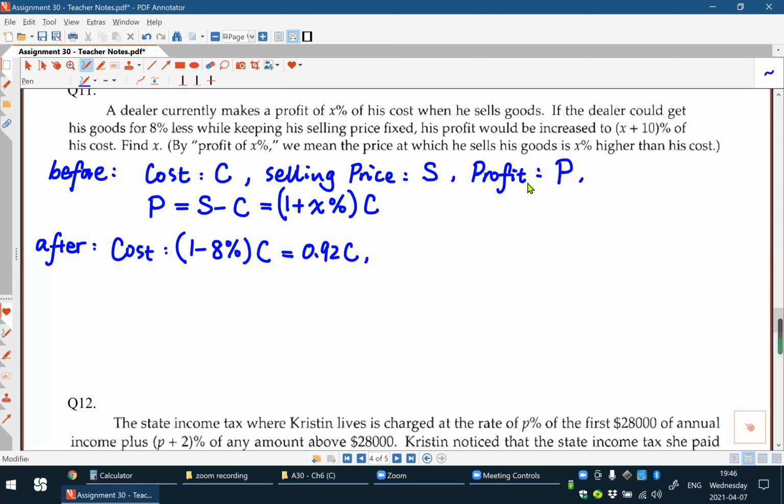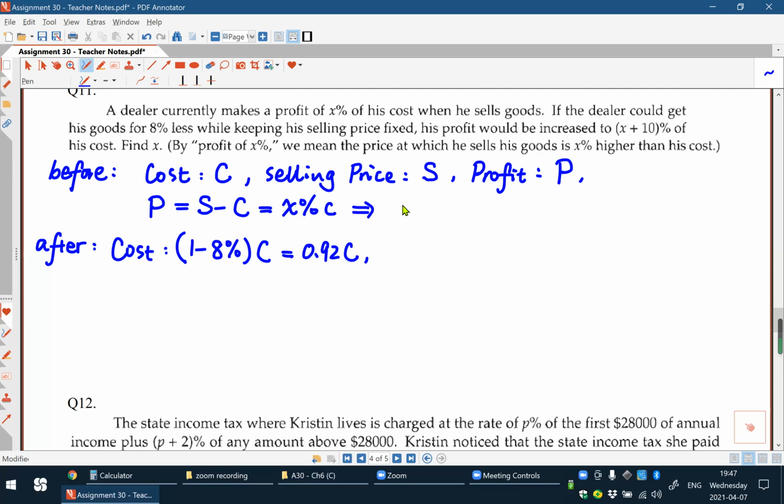Sorry, I made a mistake here. Okay, let's make the correction. Profit P equals S minus C. This should equal X% of C, right?